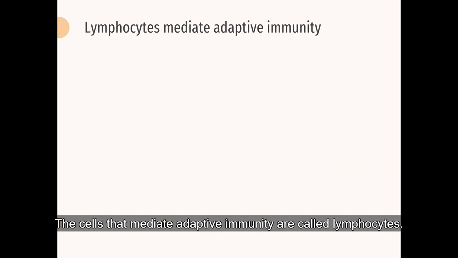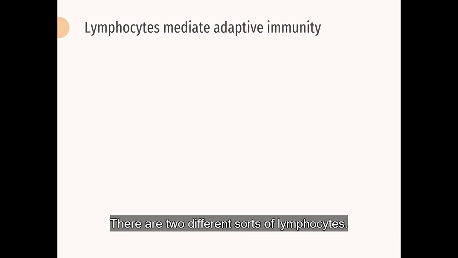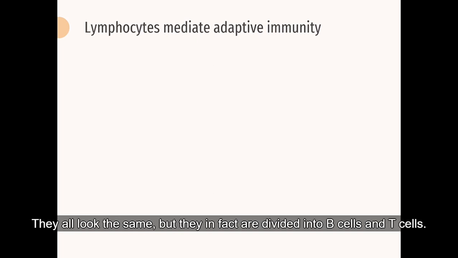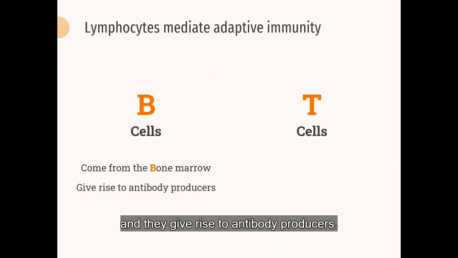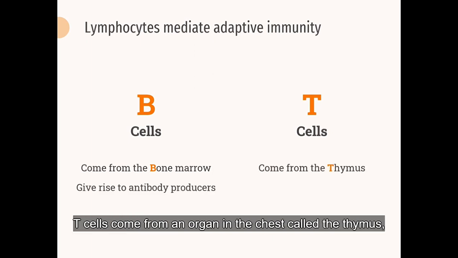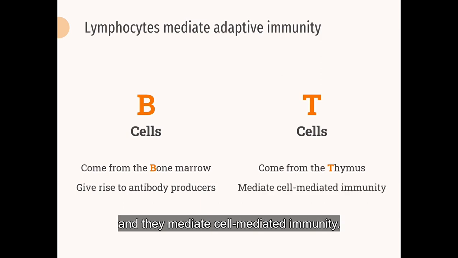The cells that mediate adaptive immunity are called lymphocytes. And there are two different sorts of lymphocytes. They all look the same, but they in fact are divided into B cells and T cells. B cells come from the bone marrow, and they give rise to antibody producers. T cells come from an organ in the chest called the thymus, and they mediate cell-mediated immunity.